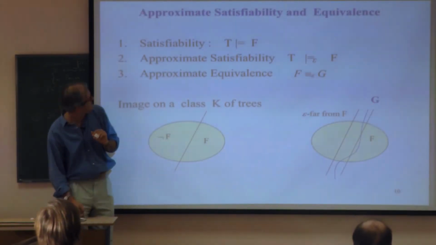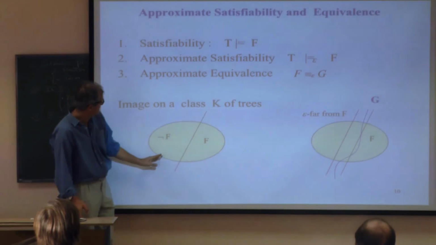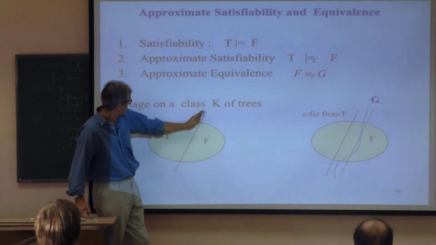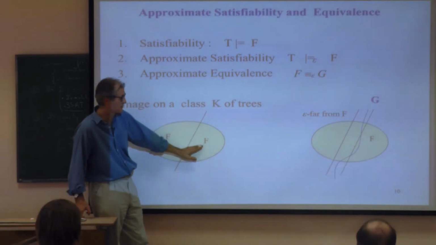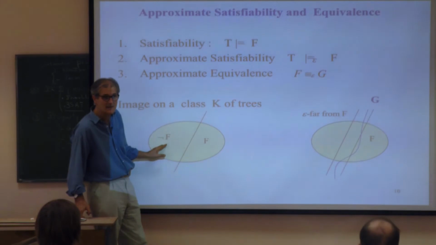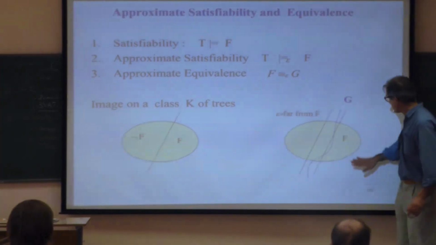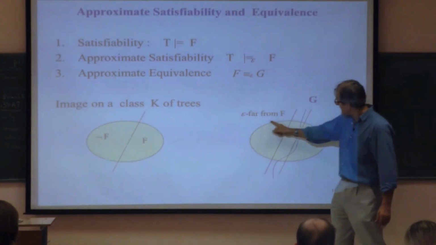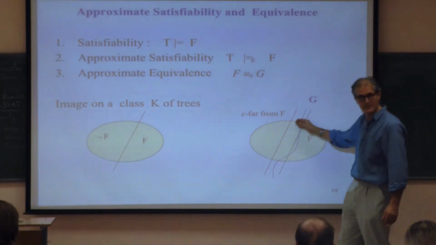Good. So another picture which is useful: in classical satisfiability, if you have a property F, it divides the class of structures in two parts, right? The ones that satisfy F and the ones that satisfy not F. And now we have three parts: the ones that satisfy F, the ones that are epsilon far from F, and the ones that are epsilon close.